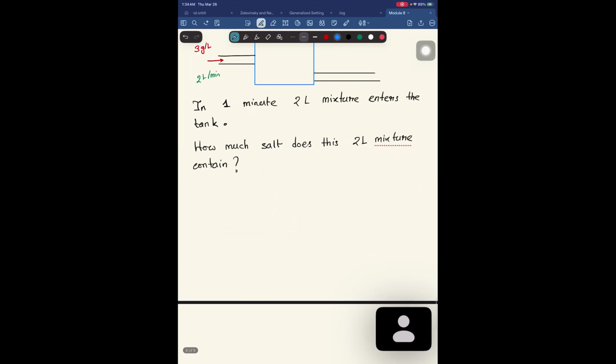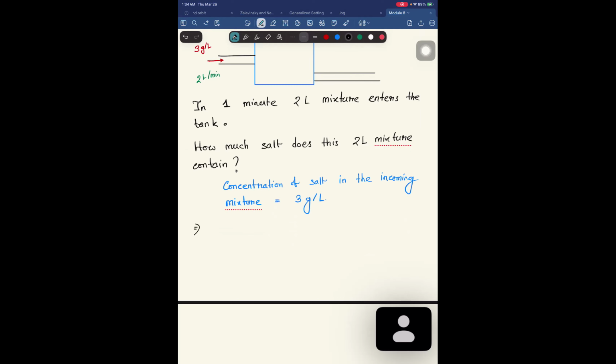So notice that the concentration of salt in the incoming mixture is 3 gram per liter.